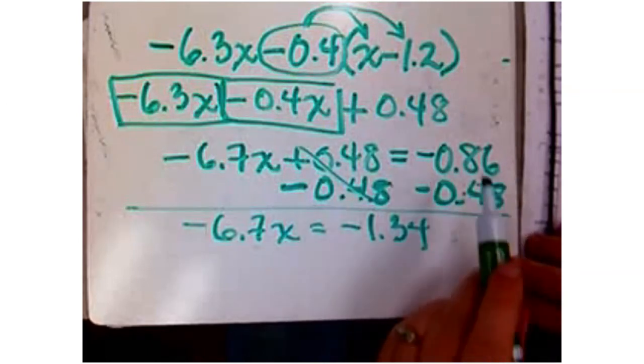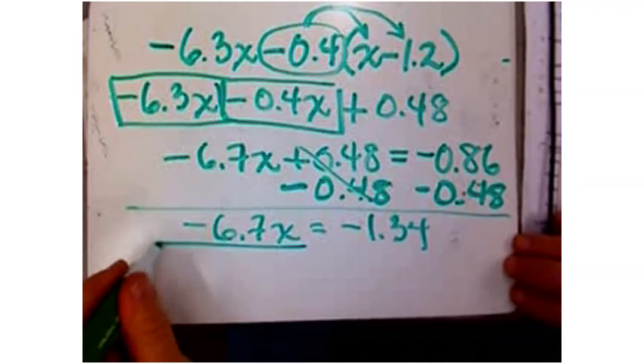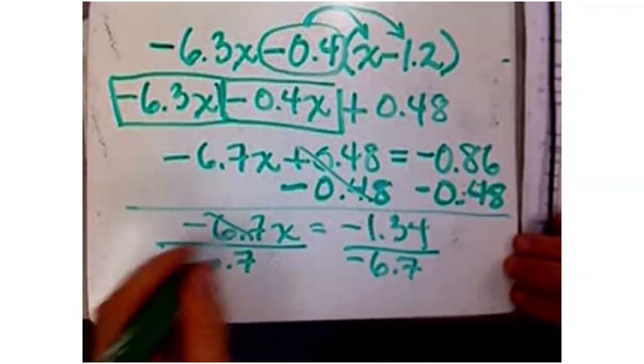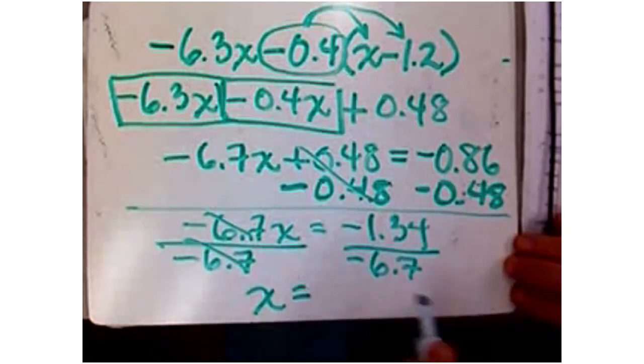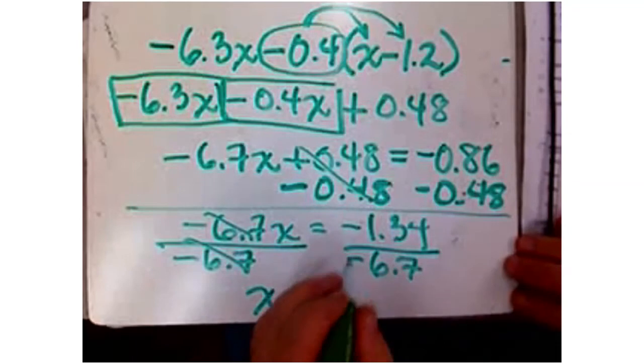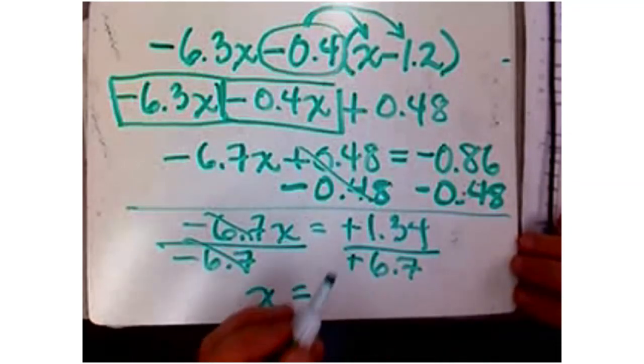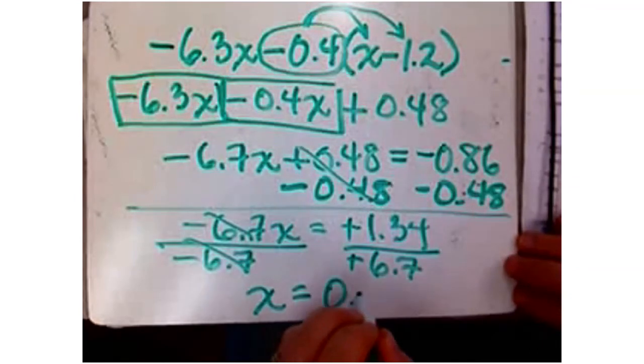We're going to add those two together and keep it negative. Then we're going to divide by negative 6.7 on both sides. The 6.7's cancel out, and x is going to equal negative 1.34 divided by negative 6.7. The negatives cancel, so we know the answer is going to be positive. And then if you do the work or punch it in the calculator, you get 0.2.